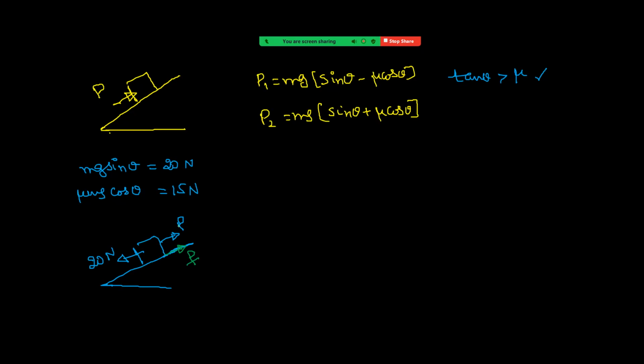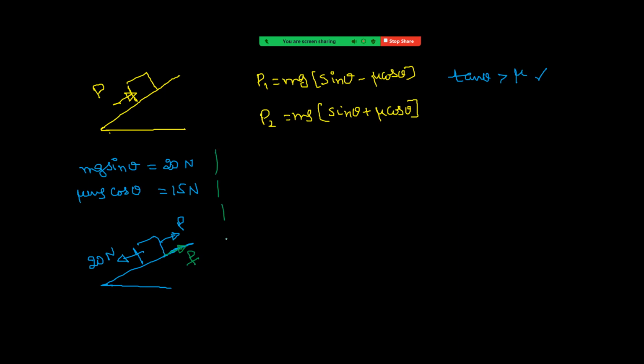No force is applied, the block will move down, so friction is 15. Let us apply a force of 5 Newton. Since 5 plus 15 is 20, it balances, and the block does not move.